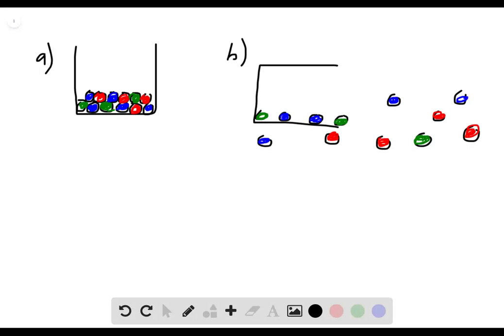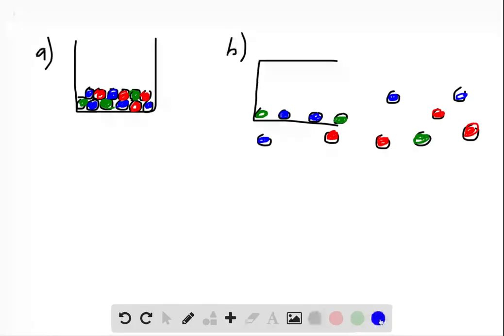Entropy is an assessment of disorder, right? So if you have a higher entropy value, your system is more disordered, which means it's less ordered. So if you have a system like this on A, where you seem to have more organization, you'll notice the marbles are kind of stacked together in an organized way.